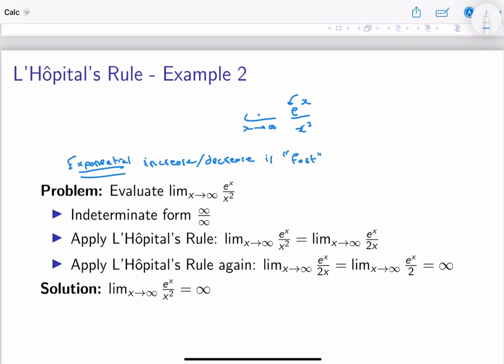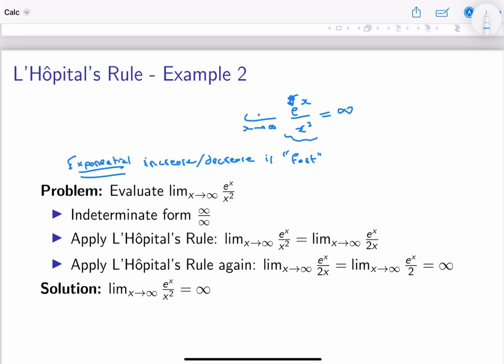What do we mean by that? If you look at such a limit and you see an exponential in the numerator and a polynomial, for example x squared, in the denominator, you should expect that the exponential will beat the polynomial. So it's faster, and you should expect in this case that this limit is infinity, because the exponential goes faster to infinity.